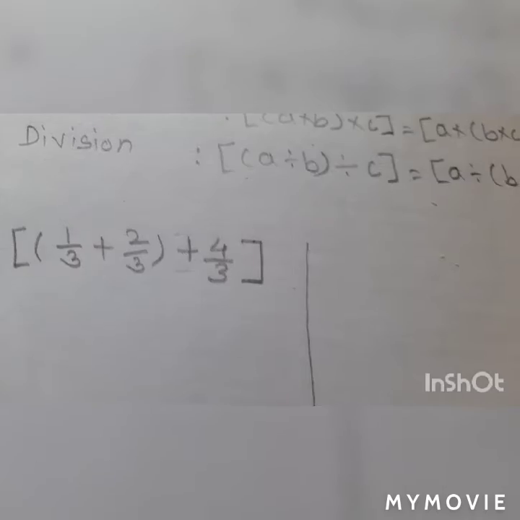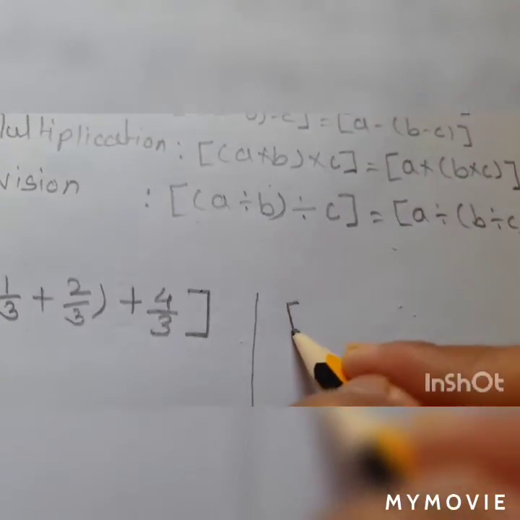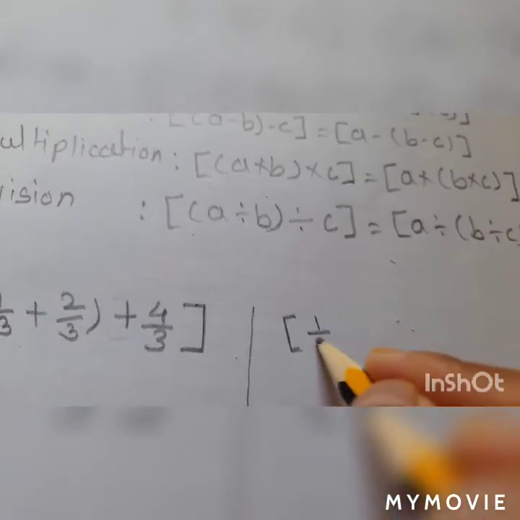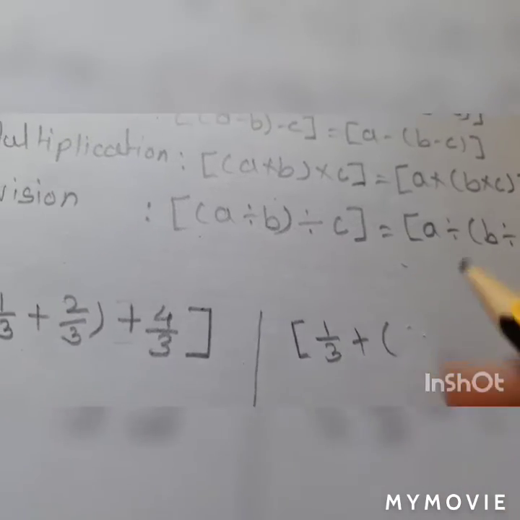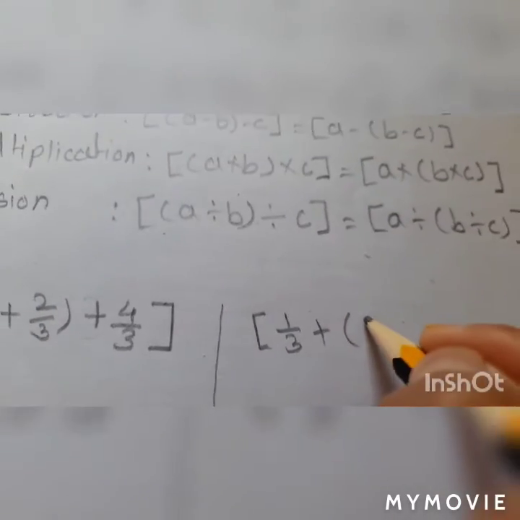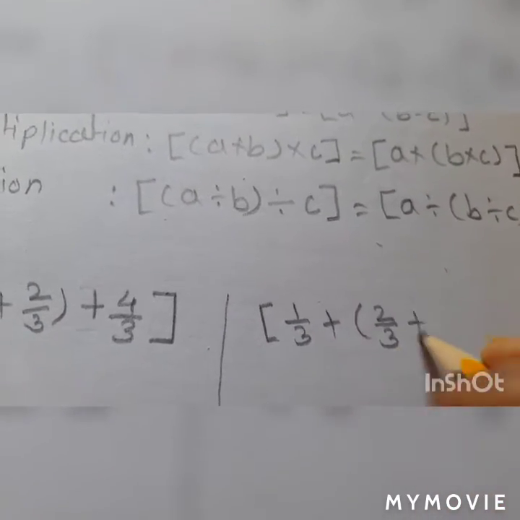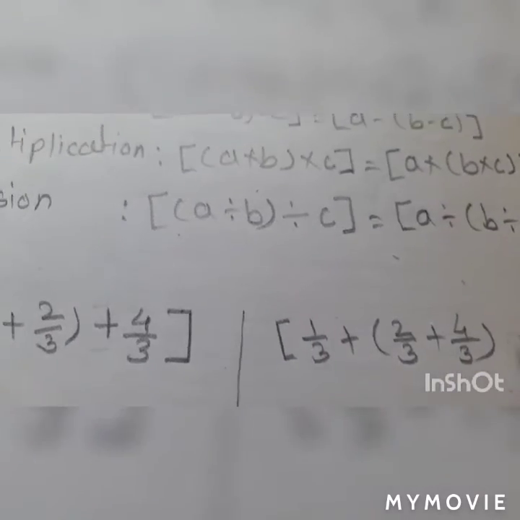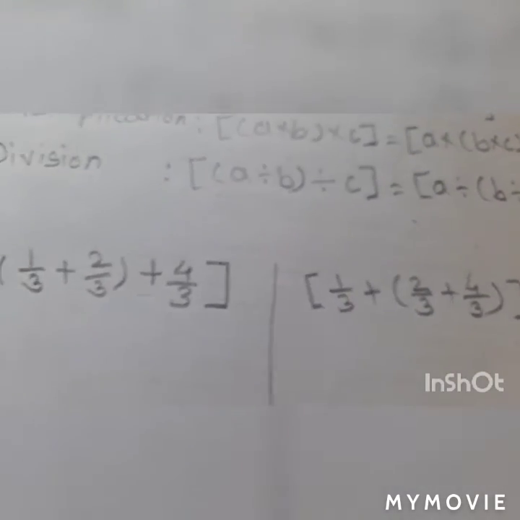On the other side, we will take 1 upon 3 out of round bracket plus, in round bracket, 2 upon 3 plus 4 upon 3, square bracket completed.